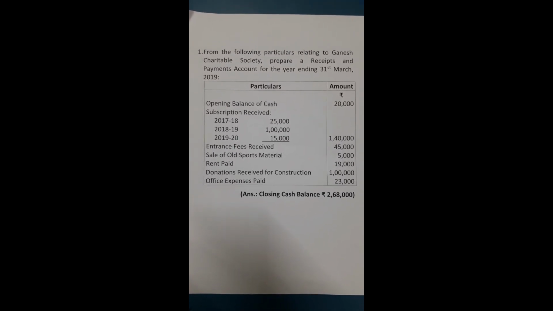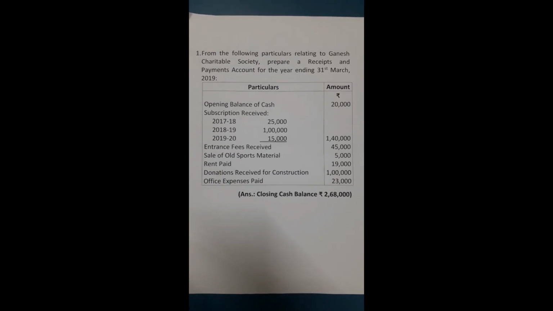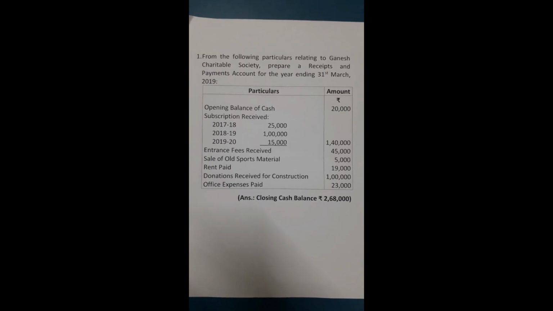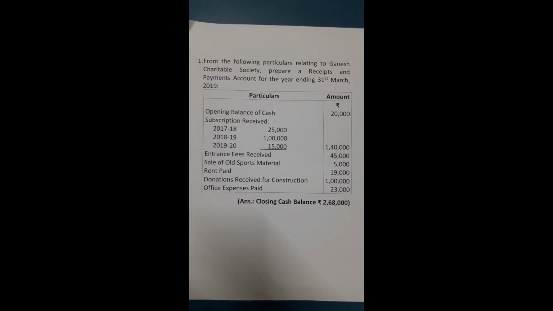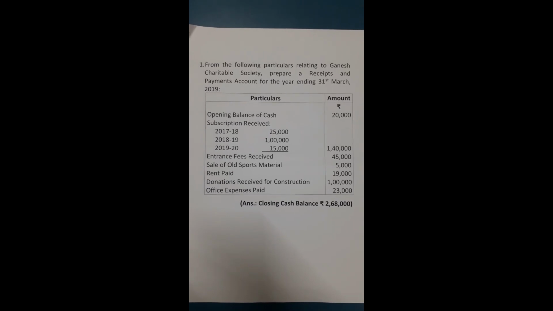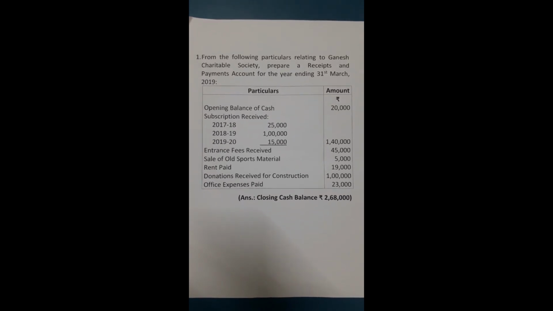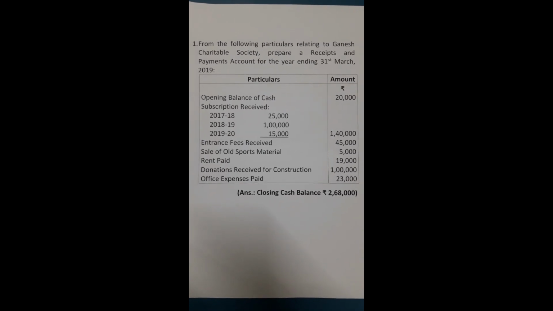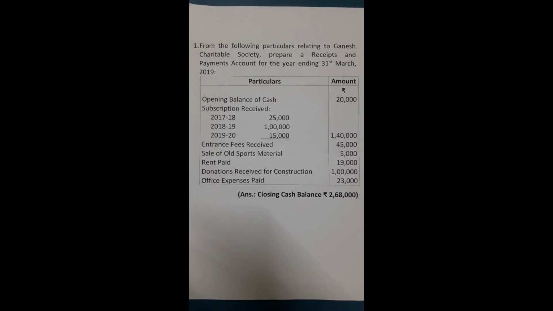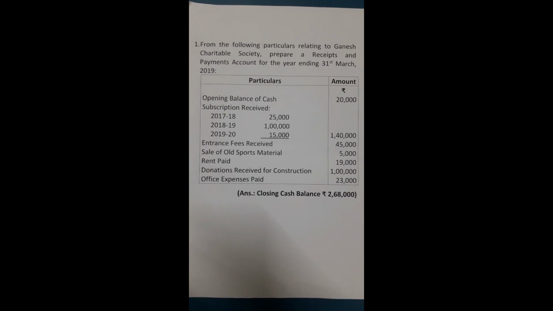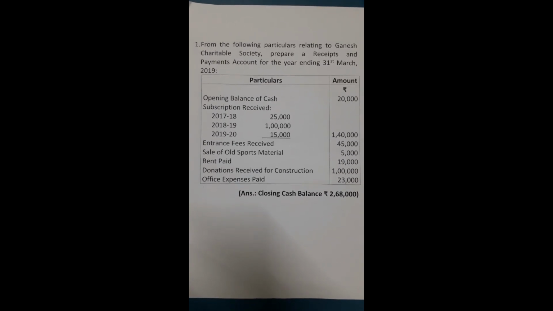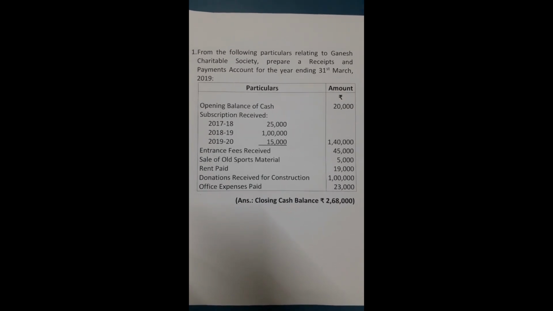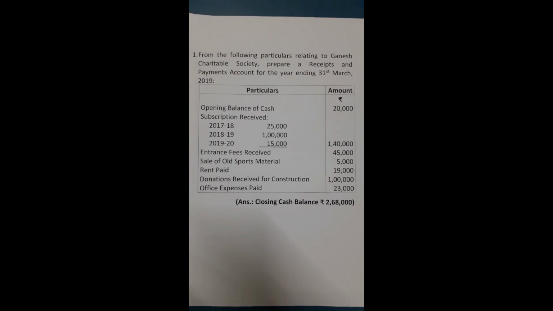Particulars are: opening balance of cash 20,000 rupees; subscription received for 2017-18 25,000, for 2018-19 1 lakh, for 2019-20 15,000 rupees, total 1,40,000 rupees; entrance fee received 45,000 rupees; sale of old sports material 5,000 rupees; rent paid 19,000 rupees; donations received for construction 1 lakh rupees; office expenses paid 23,000 rupees.